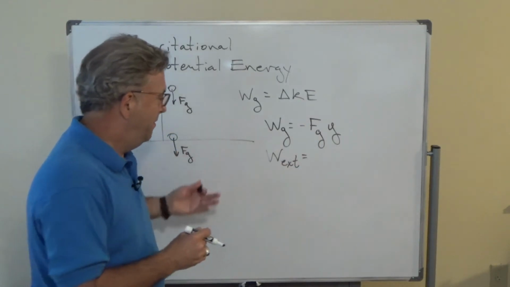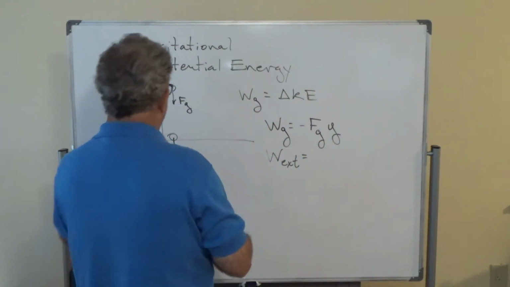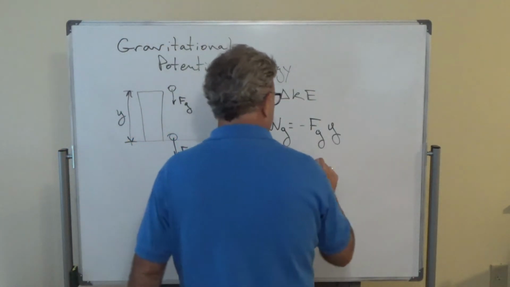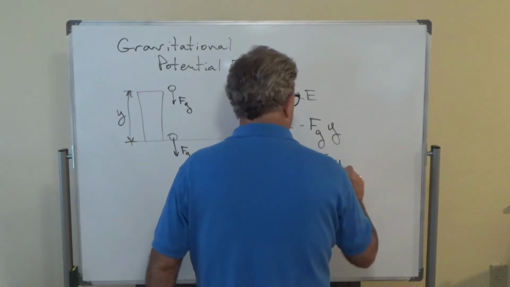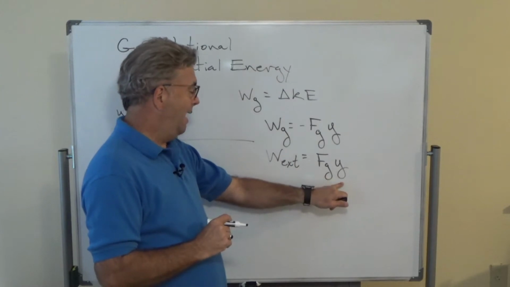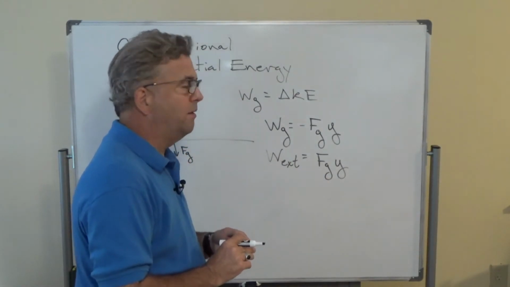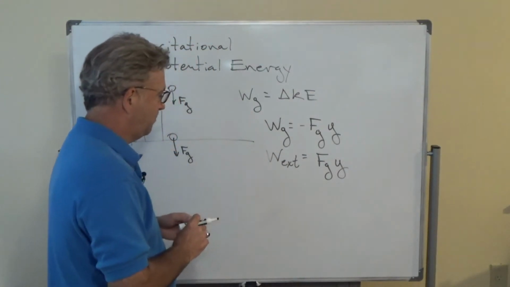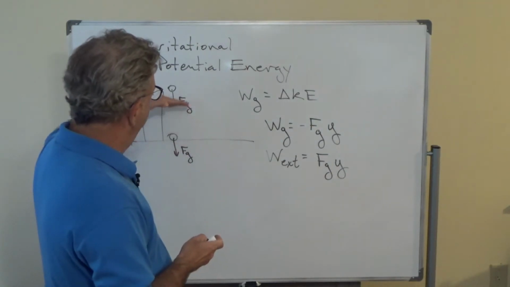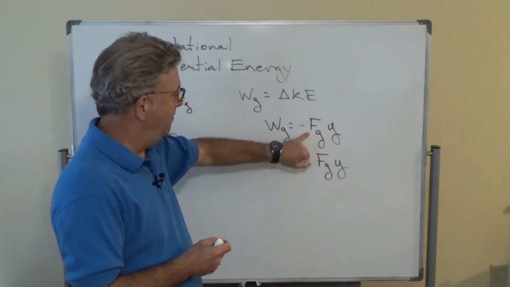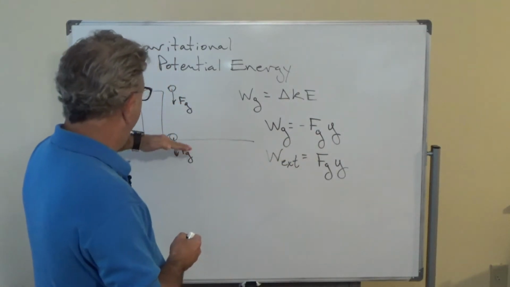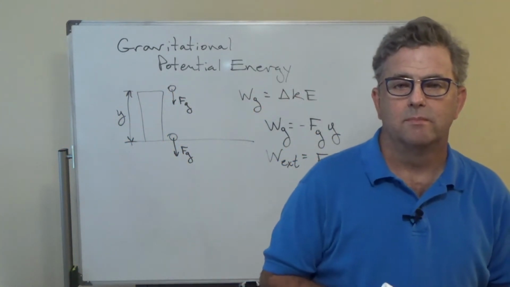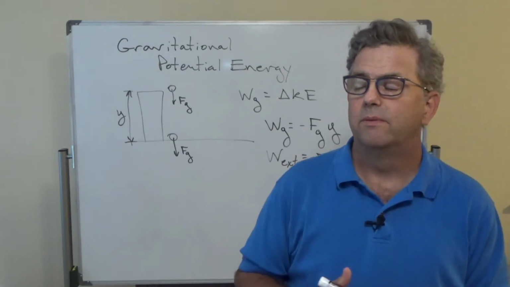If it's raised at a constant velocity, that force is equal to Fg, and it did a positive amount of work in this particular example. So the external agent did a positive amount of work, gravity did a negative amount of work, and the object got raised up to that height. You see the idea here, I hope?